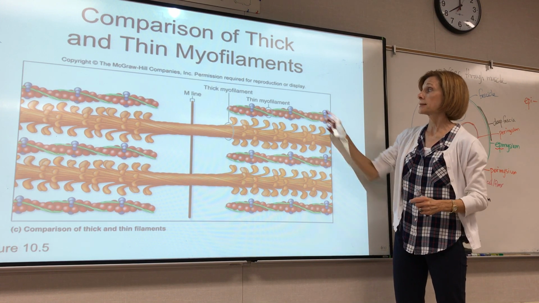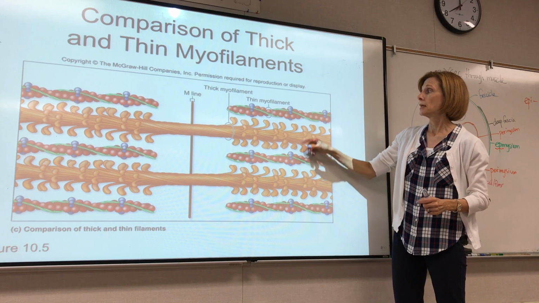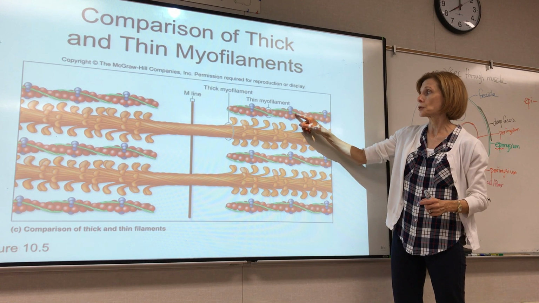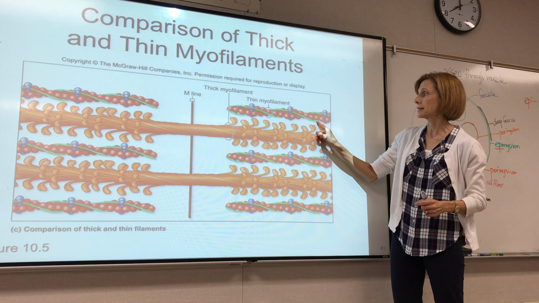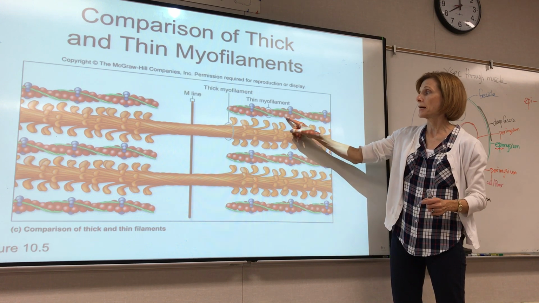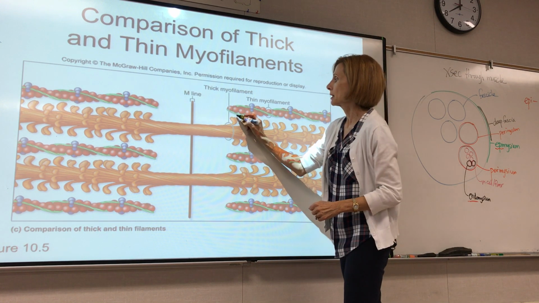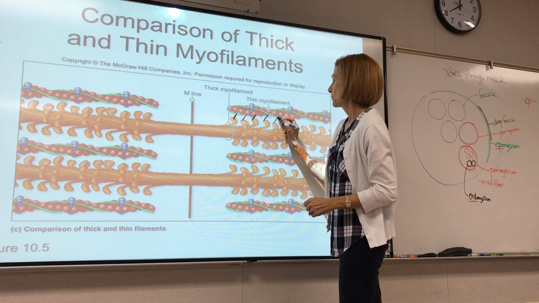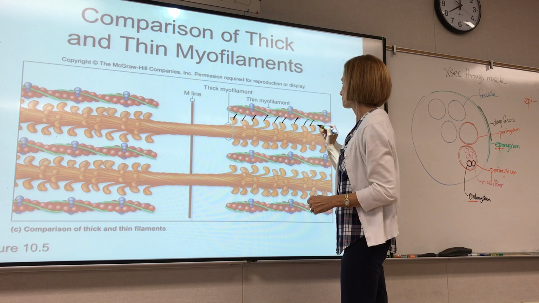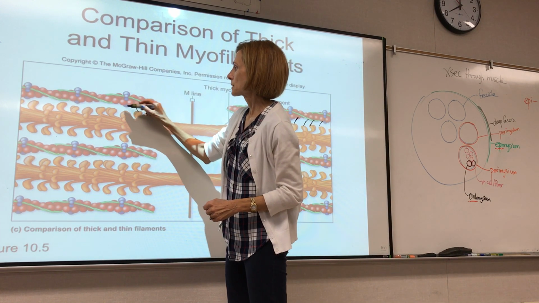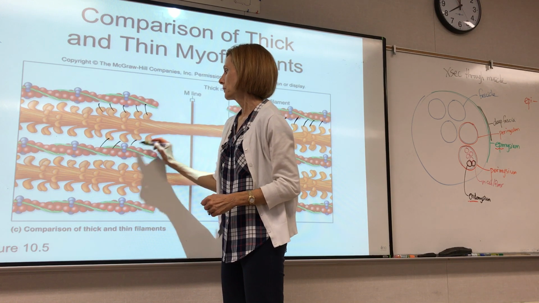As soon as calcium binds to troponin, and that causes the tropomyosin to shift, exposing the binding sites, the myosin heads will automatically bind. They make contact with the thin filament all around the thick filaments.